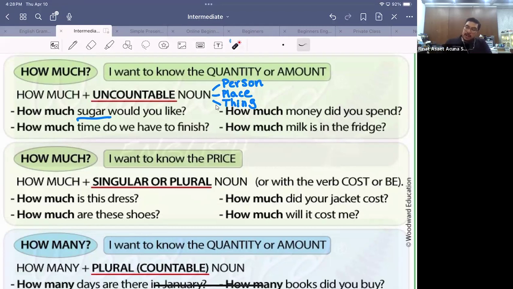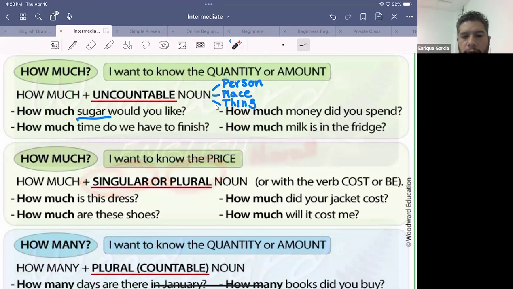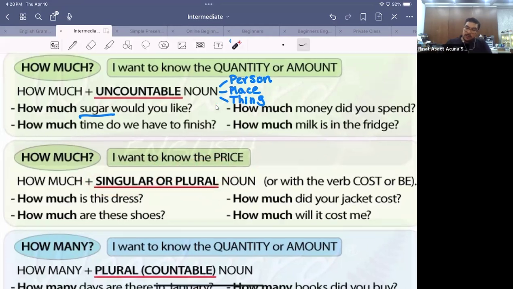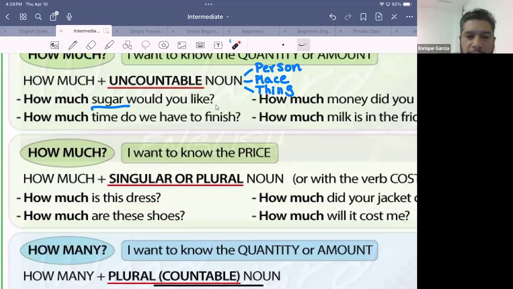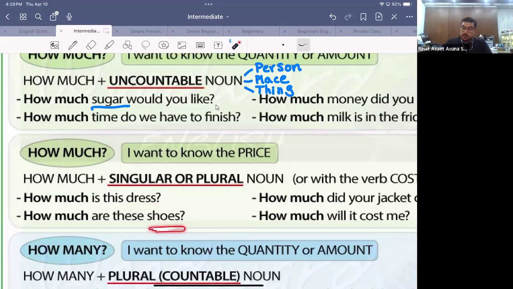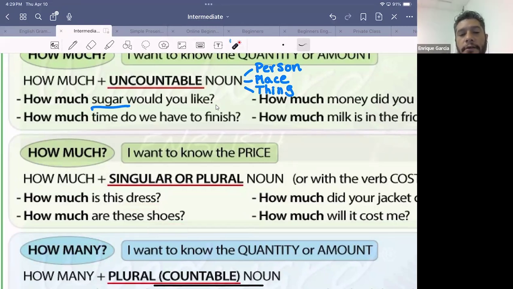There are some nouns that can be singular or plural. So, for example, address. Address can be singular, but it can also be plural. The shoes is plural. Okay, very good.